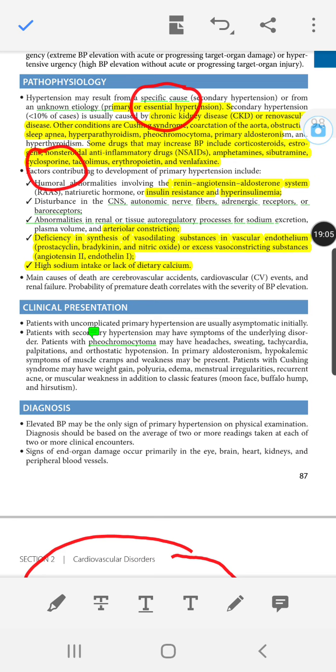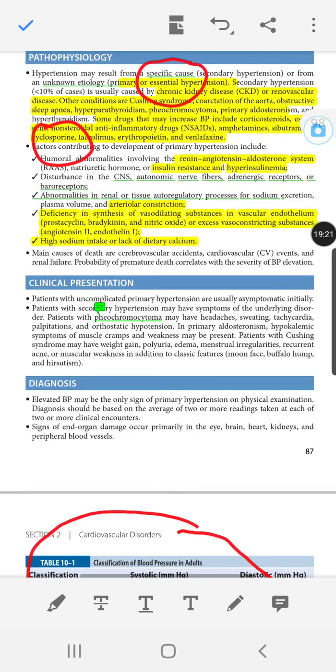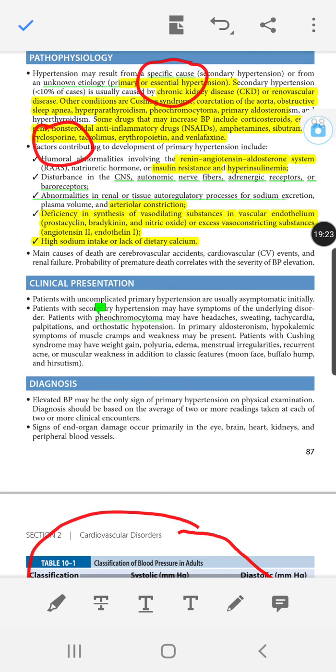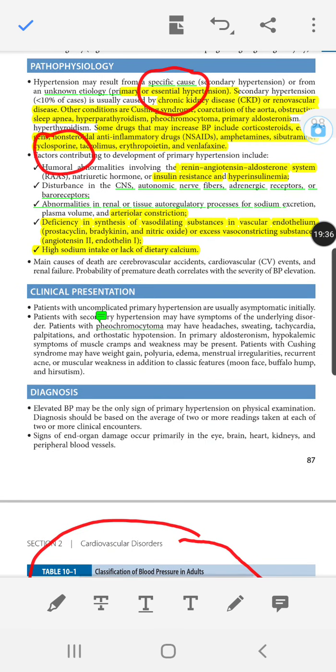Or also, if there is a deficiency in the synthesis of vasodilating substances in the vascular endothelium, like prostacyclin, bradykinin, and nitric oxide, then vasodilation does not occur as it should. Vasodilation decreases blood pressure, but if there is a decrease in synthesis of these substances, the blood pressure increases.